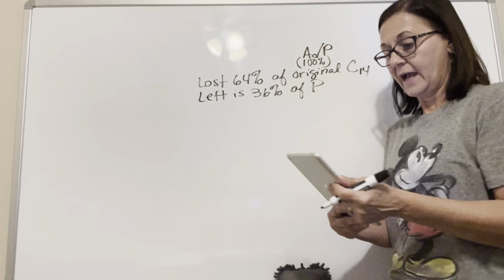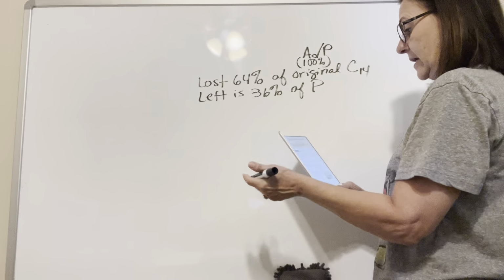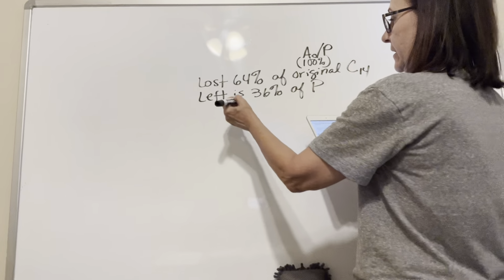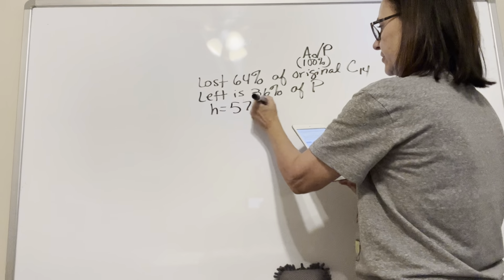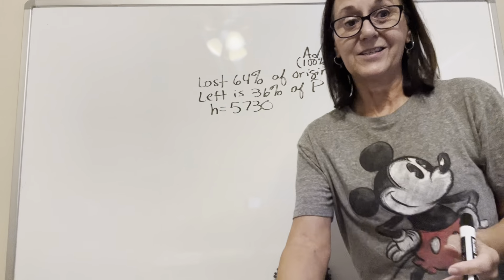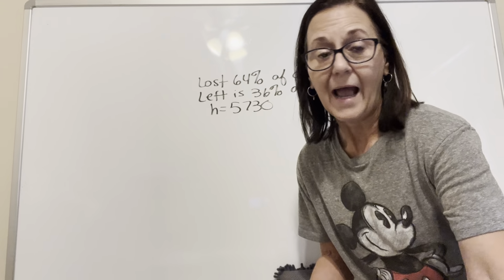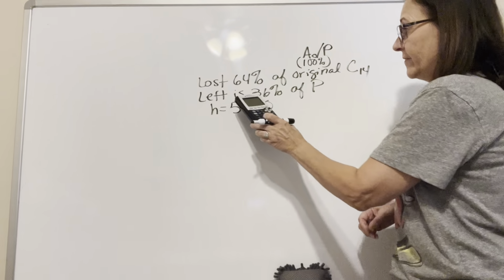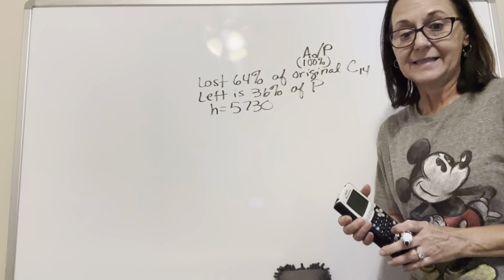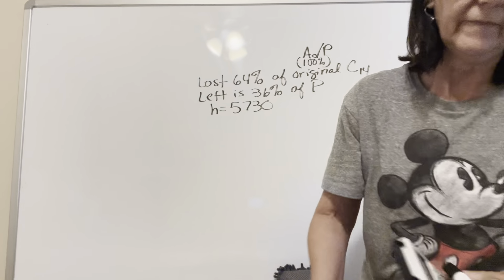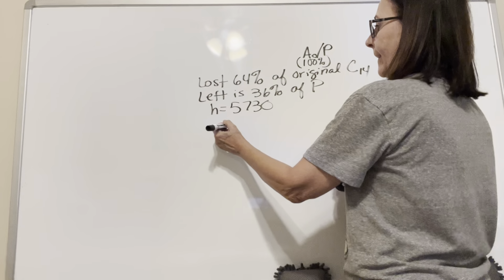All right, the half-life of carbon, it tells us, is 5,730 years. That's the H value. So H is going to be 5,730 years. Okay, so we have no clue how much is left. We just know that 36% of the original amount is left. All right, so I'm going to write the formula.